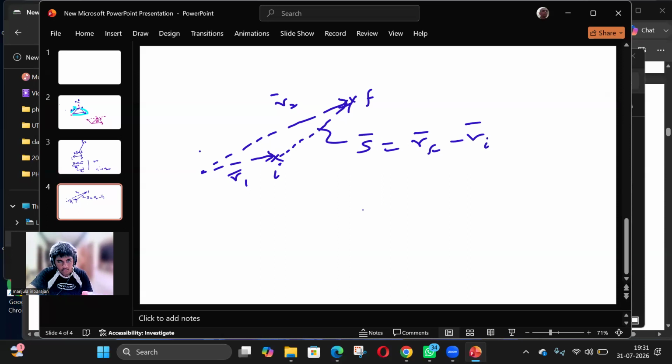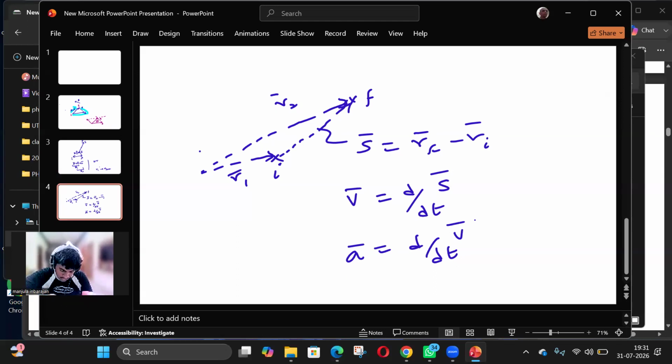To get the velocity, you have to do d by dt of the displacement, how fast the displacement is changing. And acceleration is how fast the velocity is changing. Acceleration is d by dt of v.